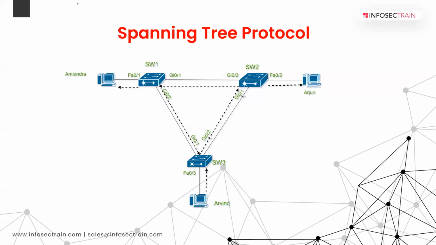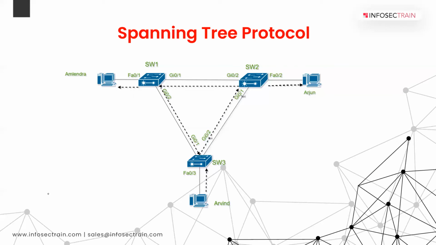Now, this is the thing about spanning tree protocol, how it stops the problem. It will just find out whether the topologies we are using are helping us or harming us, right?